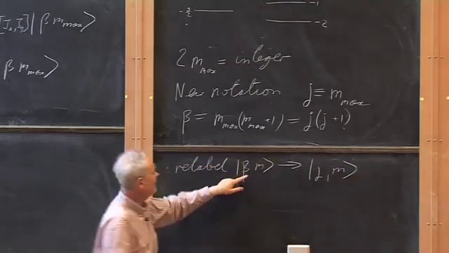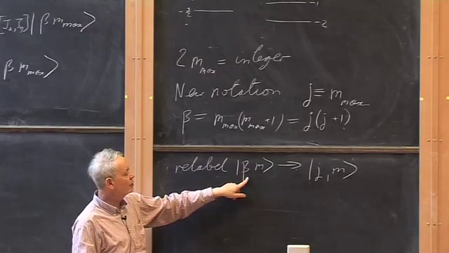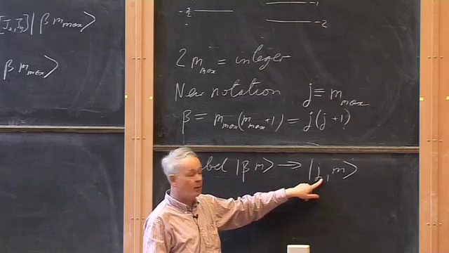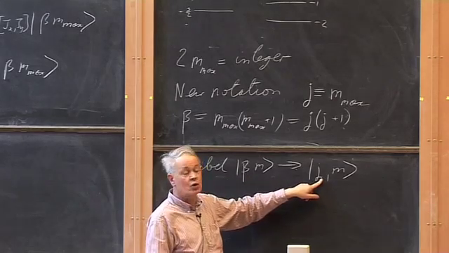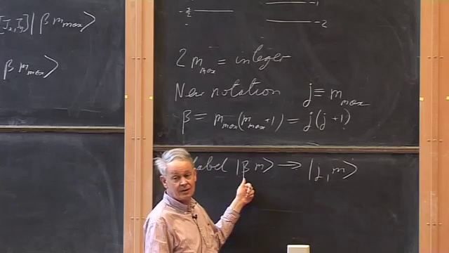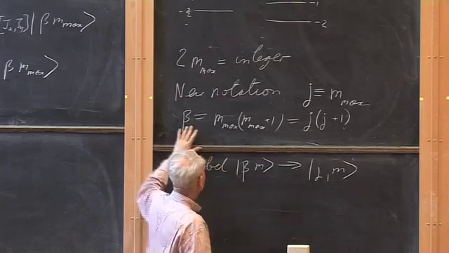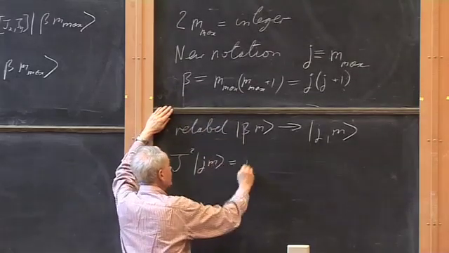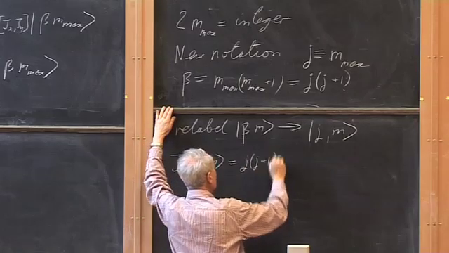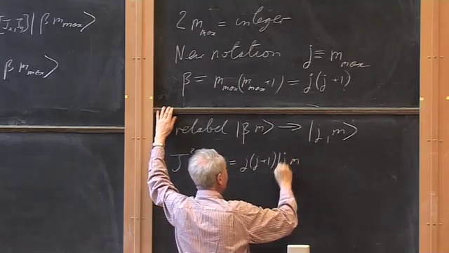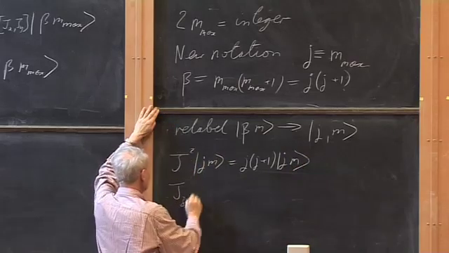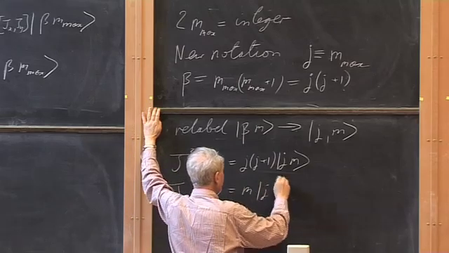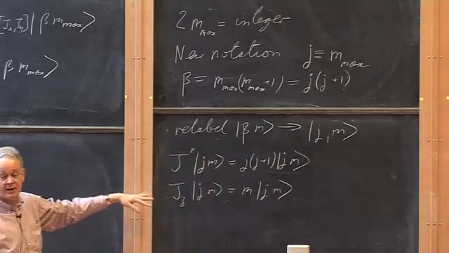Instead of using as the label in here that tells you how this state responds to j squared, instead of using the actual eigenvalue, you use this number, which is either an integer or a half integer, from which you can work out this eigenvalue, because this eigenvalue is j(j plus 1). That is to say, we have that j squared on jm is equal to j(j plus 1) jm. And we have that jz on jm is equal to m times jm. This is the new notation universally used.